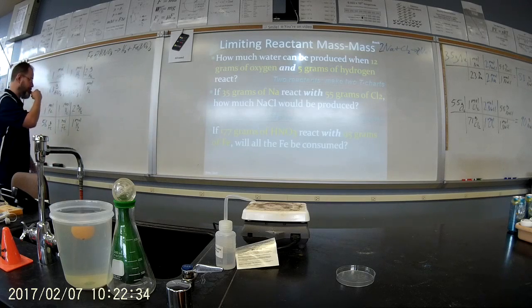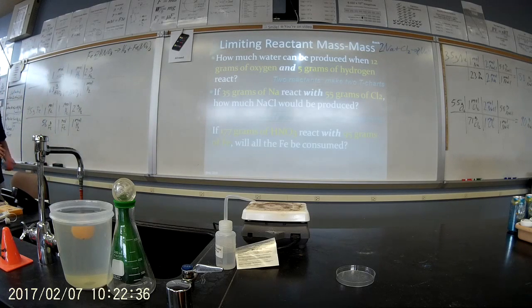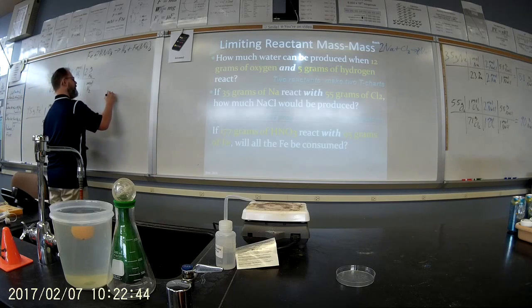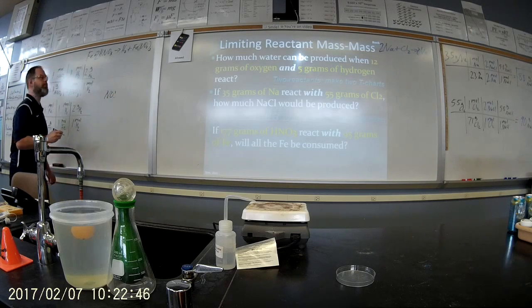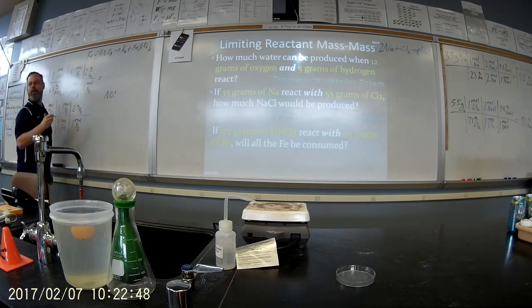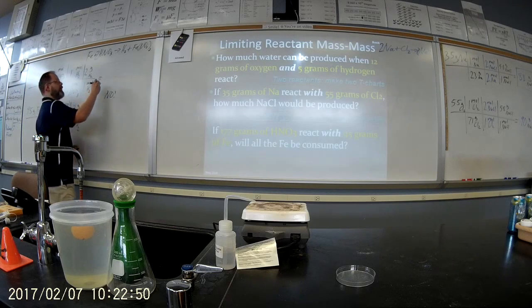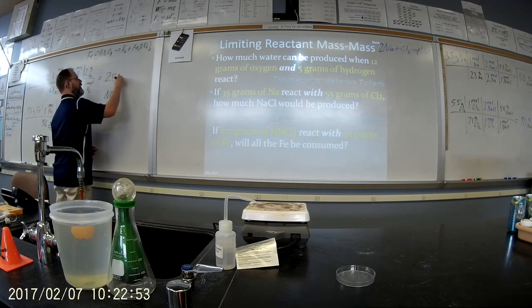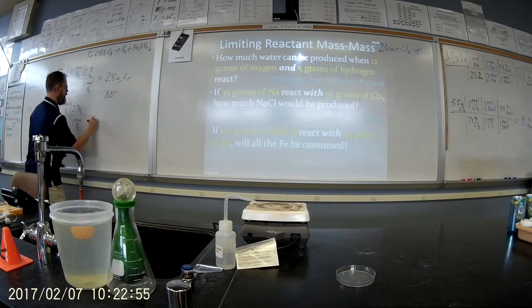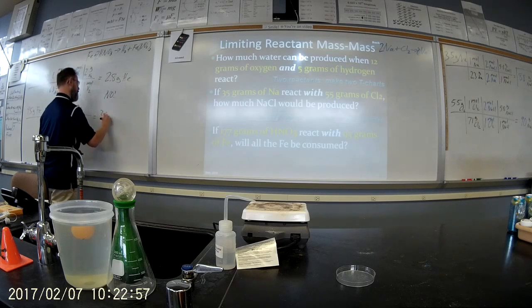So the answer to the question: will all the iron be consumed? No. It sounds like most of you are saying no. What proof do you have that it is no? That's 2.8 grams of H2. The other one is 3.4 grams of H2.